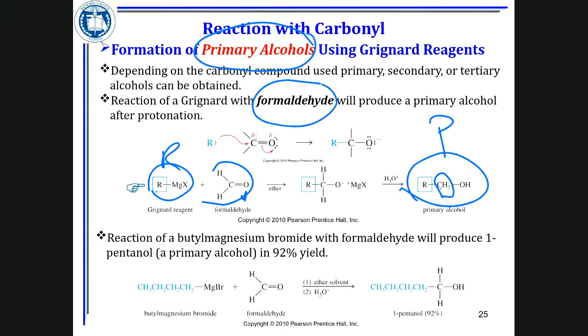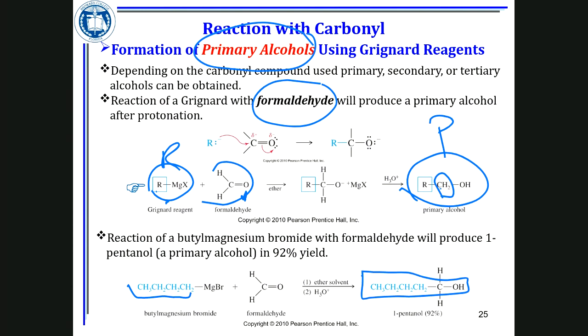So if you have the RMgX, here you have the RCH2OH. So if you go back to the video, to the example that I had there, if you start with 3 carbon Grignard, you end up with 4 carbon alcohol. You start with 2 carbon Grignard, you end up with 3 carbon alcohol. Here you're starting with 4 carbon Grignard and you end up with 5 carbon alcohol.